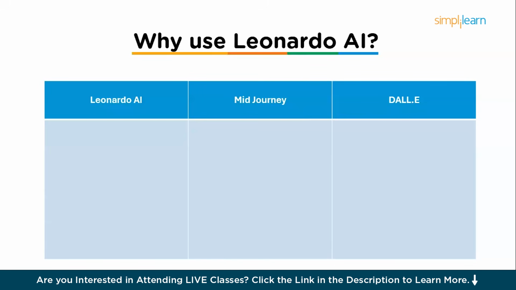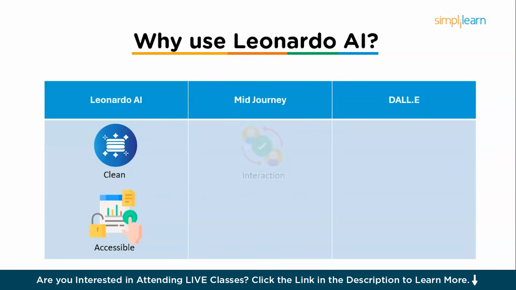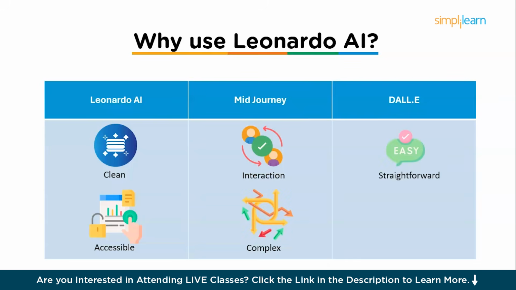First, differentiating them on the basis of user friendliness. Leonardo AI offers a clean and intuitive UI, making it more accessible for beginners. Midjourney requires interaction via Discord, which can be complex for new users. DALL-E is straightforward but offers few customization options compared to Leonardo AI.